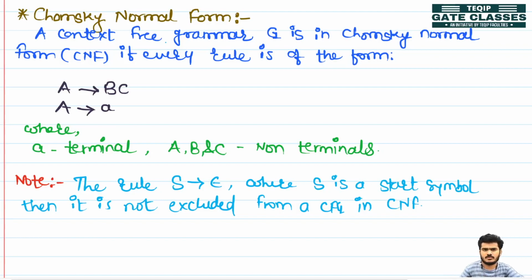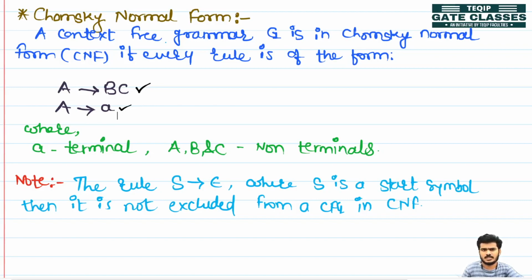The first rule is A produces BC, where both B and C are non-terminals, that is, variables. Another production is A produces small a, which means it will produce a single terminal. Either it will produce two non-terminals or a single terminal. Then only can we say that the given CFG is in CNF form.